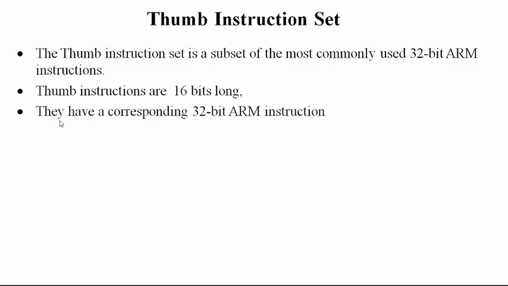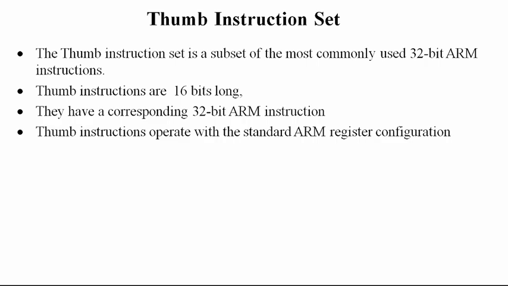In the thumb mode, instructions are converted into 16-bit mode, and there will be an equivalent instruction for the 32-bit. I cannot say all the instructions are going to be converted into 16-bit. Around 50 to 60% of the instructions are going to be converted into 16-bit. That I'll explain in the next slide.